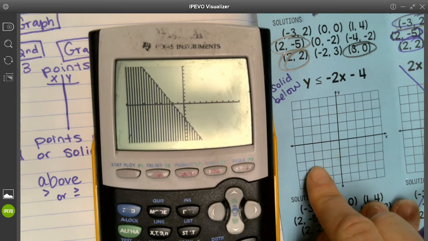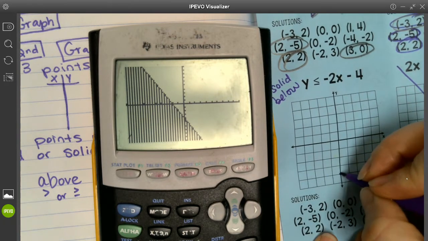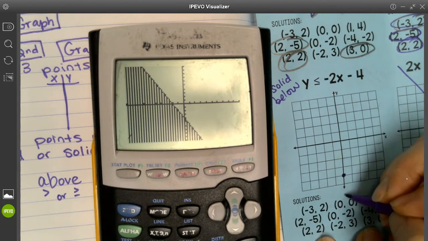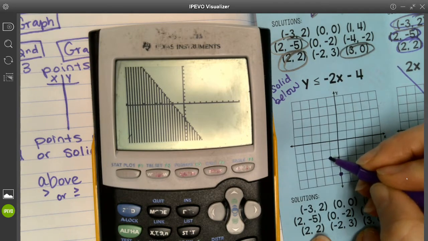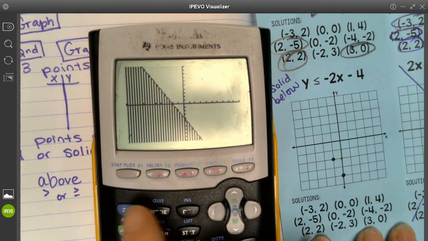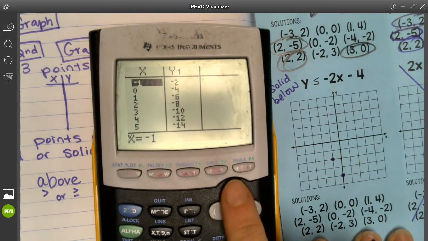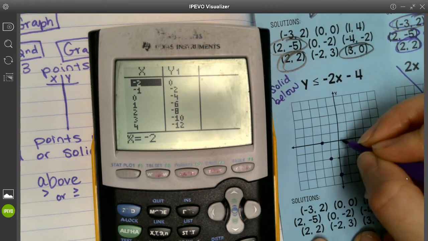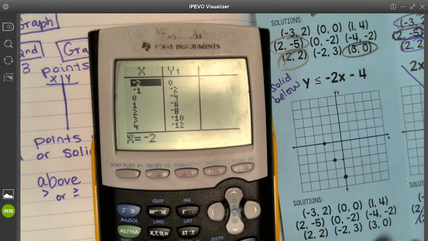So you can start with your y-intercept of negative 4. It has a slope of negative 2. Well, down to right 1 isn't going to work. Up to left 1. Or we could go to the table of values and find a few points. As long as you have 3 points, you can make a line.